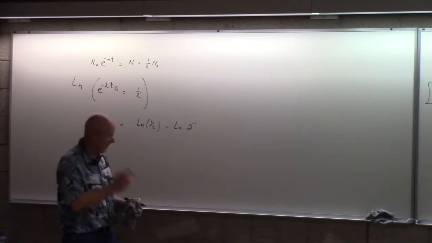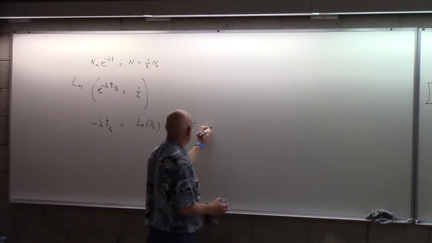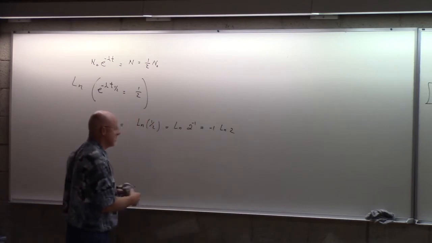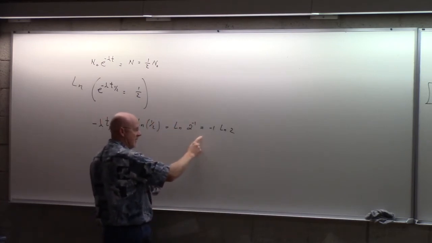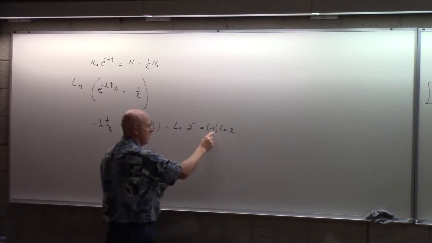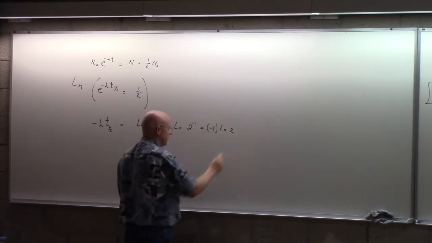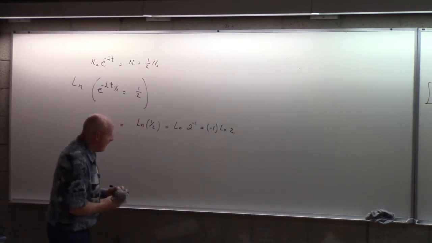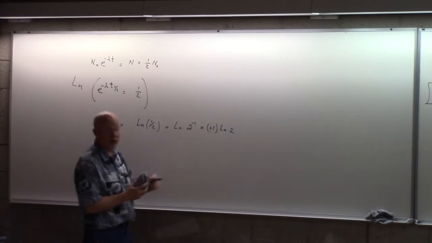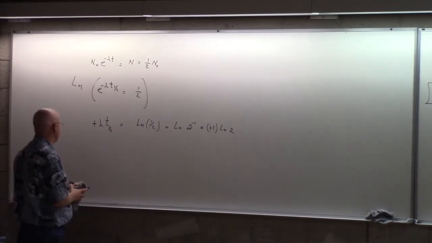And then, of course, what's nice about that is what we call the log rule, where you can move the exponent off the top and in front of the natural log. And so I get a negative 1 times the natural log of 2. And that's helpful because there is a negative now on each side. So I'll cancel those off.